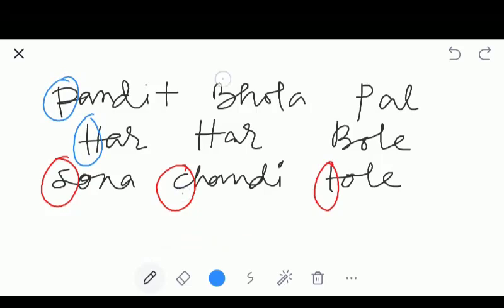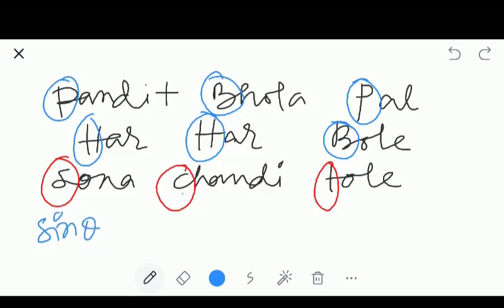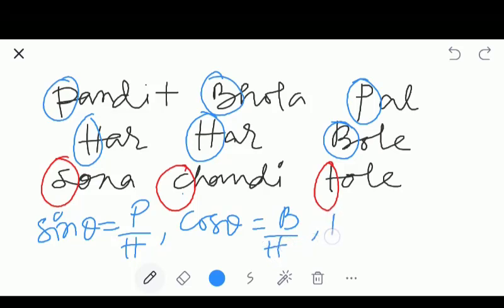Cos is the ratio of base and hypotenuse. Tan is the ratio of perpendicular and base. So we can write that sine of angle theta is equal to perpendicular by hypotenuse, cos of angle theta is equal to base by hypotenuse, and tan of angle theta is equal to perpendicular by base.